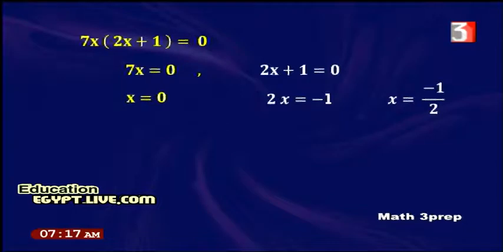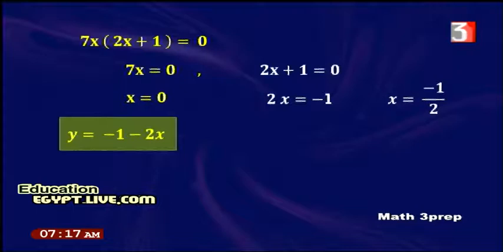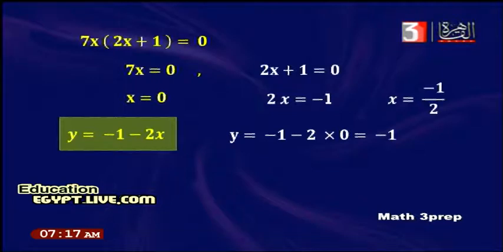Now you have found the values of x. Then try to find the values of y. As y equals negative 1 minus 2x, substituting for the value of x equals 0, it is y equals negative 1 minus 2 times 0 to obtain a result of negative 1. So when x equals 0, y equals negative 1. What about x equals negative half?